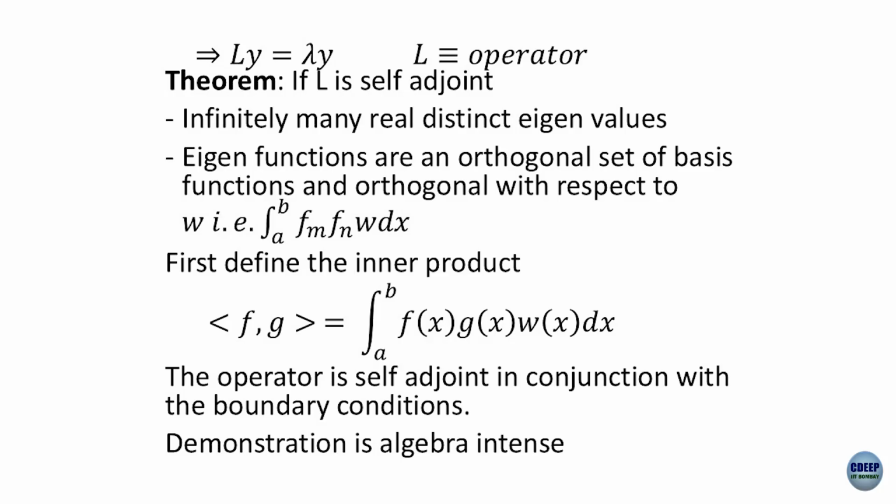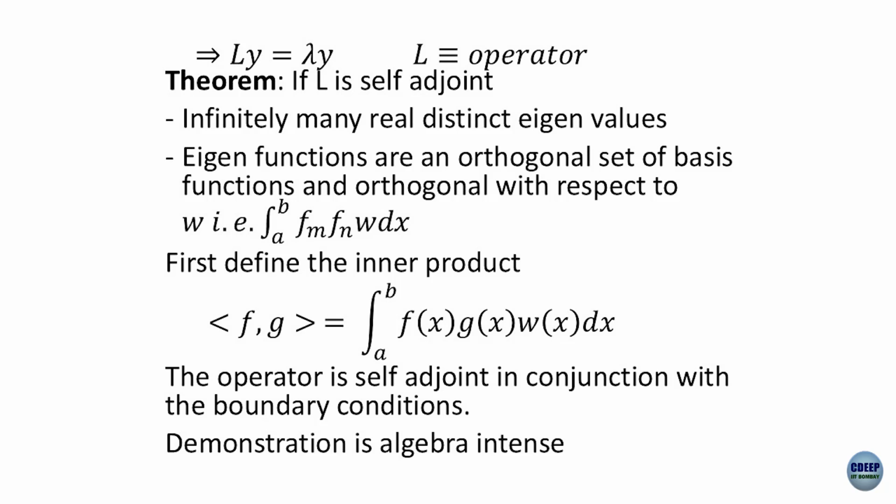Just like when we were looking at systems of equations, if you have real and distinct eigenvalues, the eigenfunctions are going to be orthogonal. Here also it is the same thing, we are just borrowing stuff from math. So eigenfunctions are orthogonal, and they form a set of basis functions.